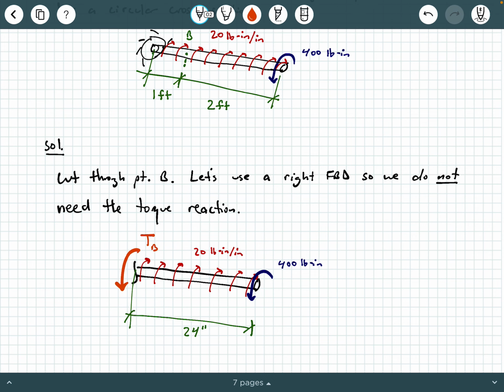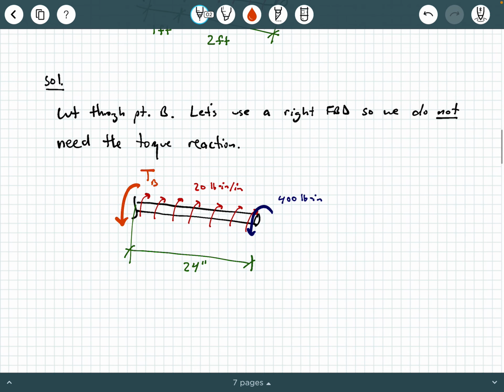Now, what we need is a viewpoint, okay? Remember a viewpoint, I sketch that as a little eyeball, and we look in the direction that the eyeball is pointing. Now we can put the viewpoint back here and look into the cut, or we could put the viewpoint out in front and look at the free end of the cut.